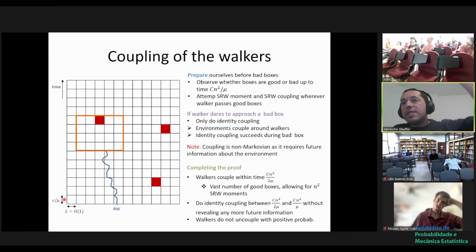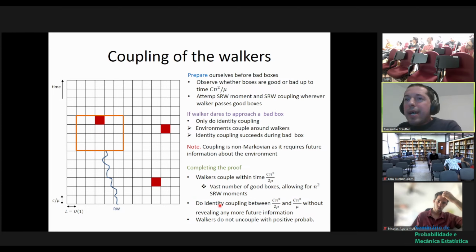So if you go for Cn² over 2μ time, you are going to pass through n² boxes, and a constant fraction of those will be good outside protection zones, allowing you n² simple random walk couplings. This is enough steps to bring the two walkers together.